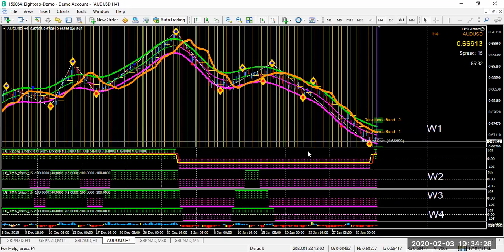Now, window 2 is not a criteria. Window 2 is a guide to support your confidence in the momentum of price action. And that is set different to the FPH assessor window 2 because once again we're dealing with H1 and H4.